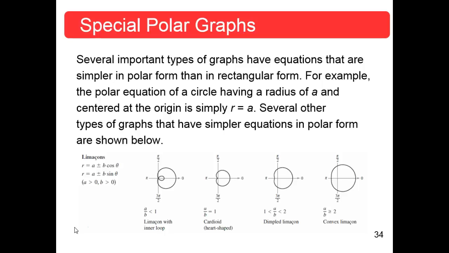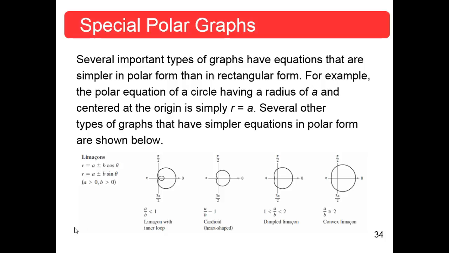Now, if the ratio of a to b is less than 1, you have the inner loop, and since a and b are both positive, that means a is less than b. If a over b is equal to 1, that's your cardioid that we saw before.